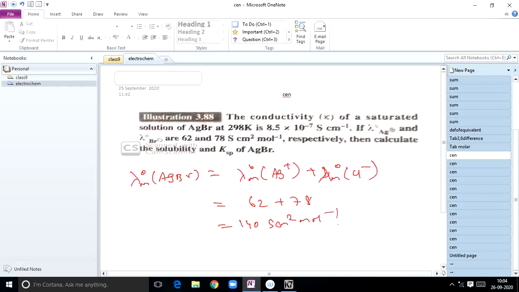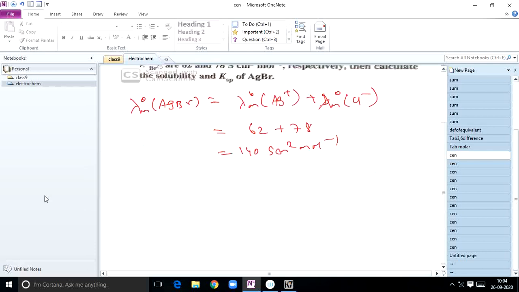That is lambda m naught of AgBr. After getting this, it is a sparingly soluble salt. So in this case, lambda m naught of AgBr is equal to lambda m c of AgBr. Molarity becomes equal to solubility, because in the case of a sparingly soluble salt, solubility is equal to molarity.